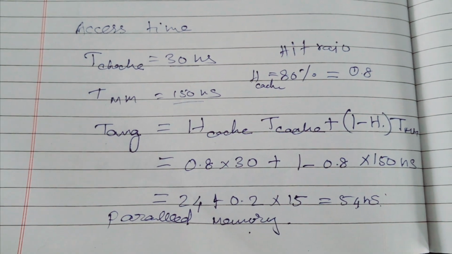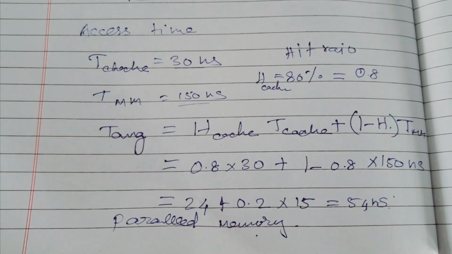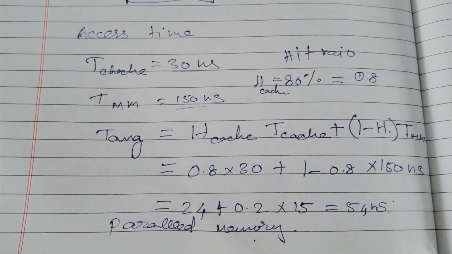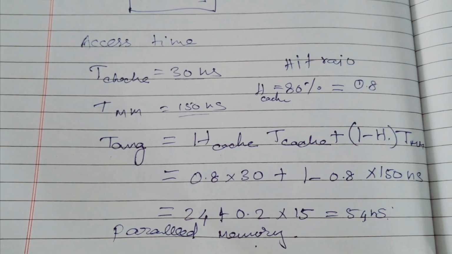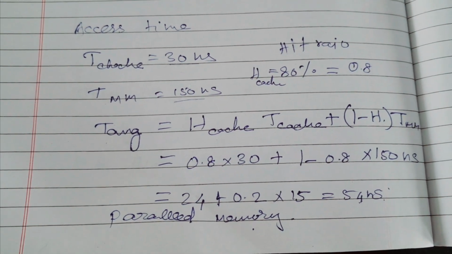The access time of the cache memory is 30 nanoseconds, the hit ratio is 80%, which is converted into 0.8. The main memory time is 150 nanoseconds.